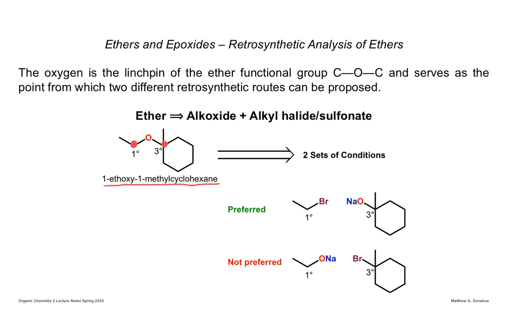The one that's more substituted is the one you want to leave with the oxygen, so it can come from an alcohol that you can make an alkoxide from. So that alcohol plus a base makes the alkoxide, that's the nucleophile. And then the least substituted one ends up being a good electrophile.